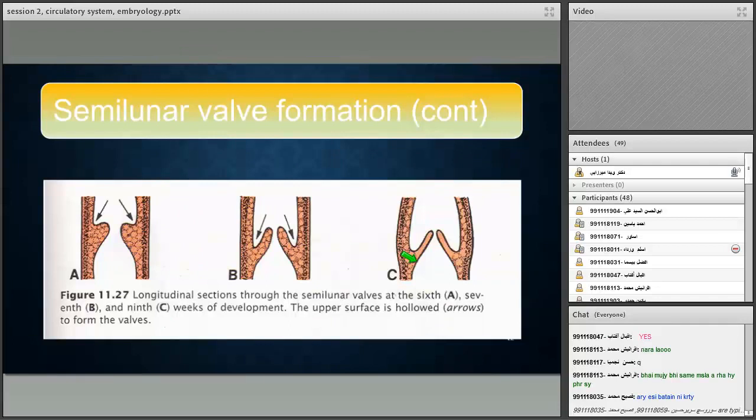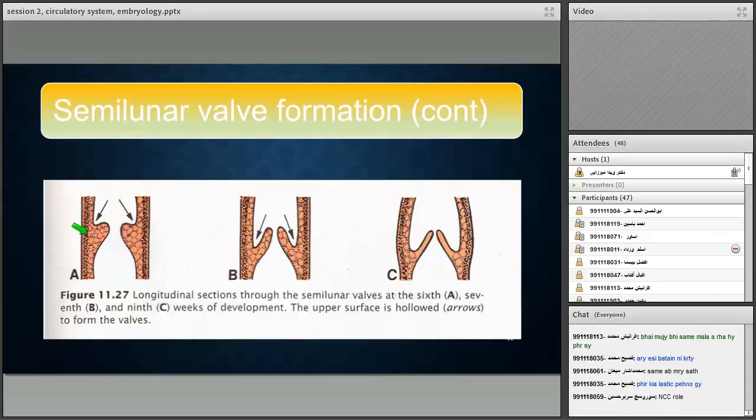At first, these tubercles are in this form, then the mesenchyme will degenerate on the upper side of each tubercle.